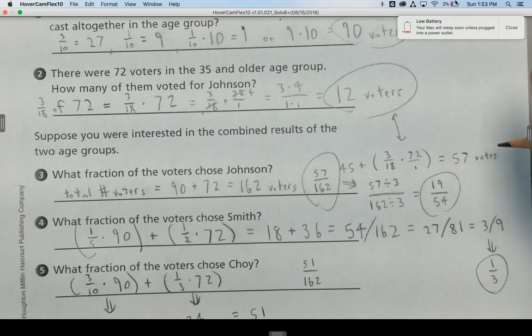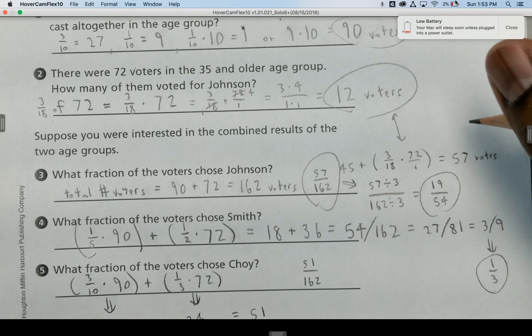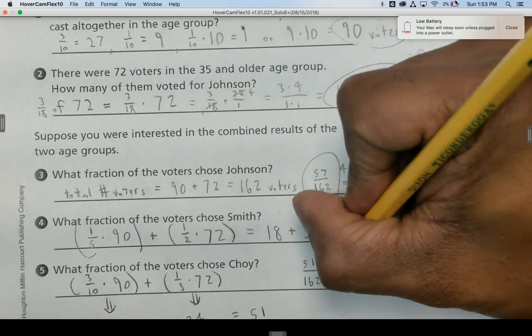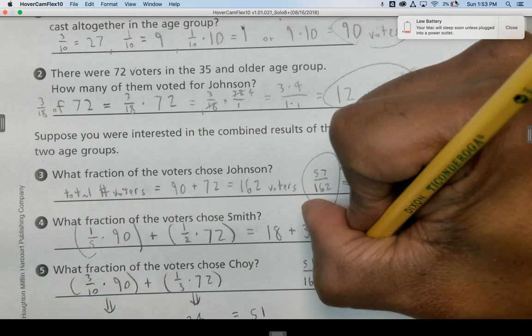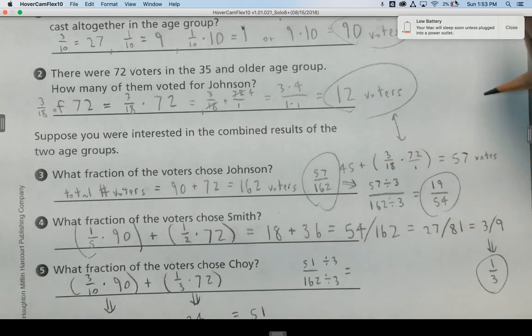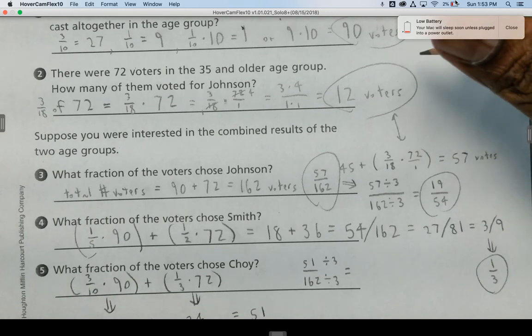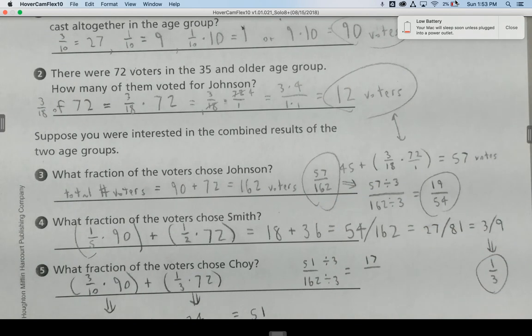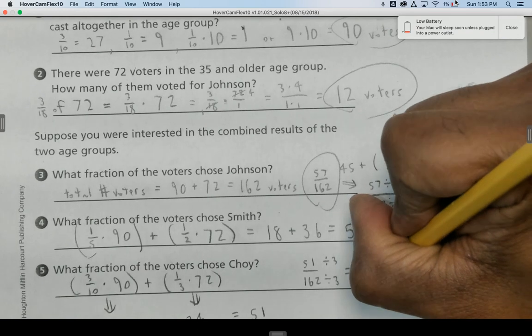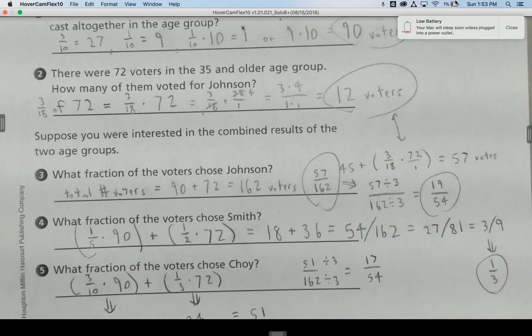And I know that 3 can go into the top and bottom. I know I can simplify it that way. 51 divided by 3 ends up being 17. 162 divided by 3 ends up being 54. 17 over 54.